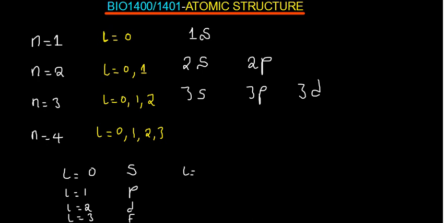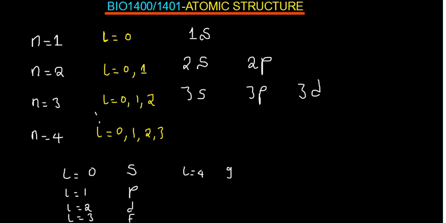When L is equal to 4, this is a g orbital. s, p, d, f, g. You just need to know that. I don't know about when L is equal to 5. That's not our interest, not in biology, not in chemistry. You don't need to know that. So s, p, d, f, g. That's all you need to know.